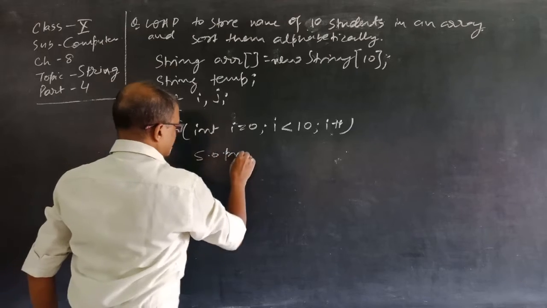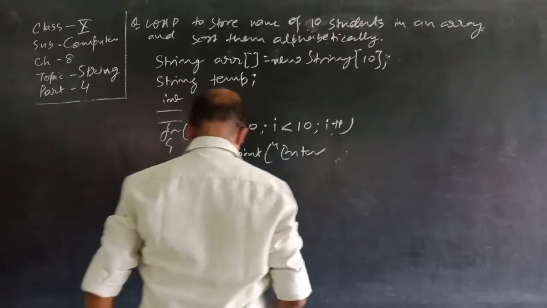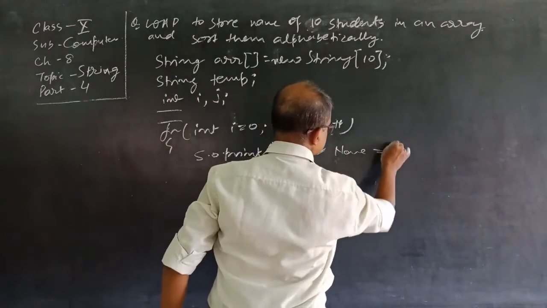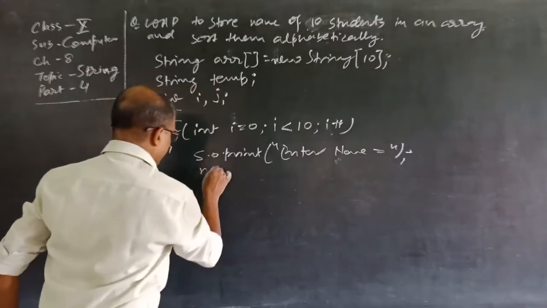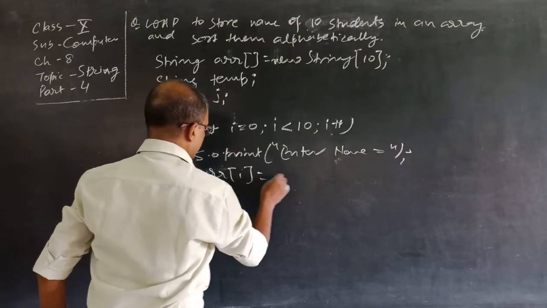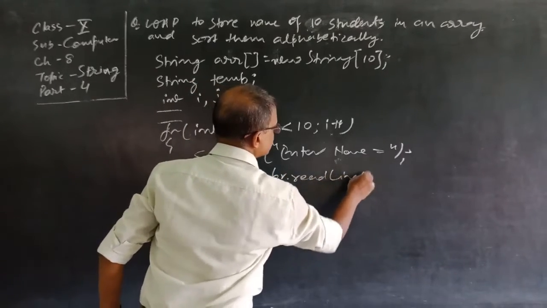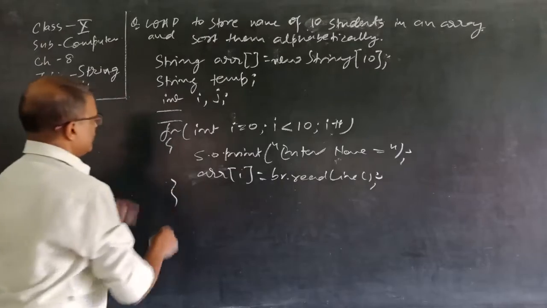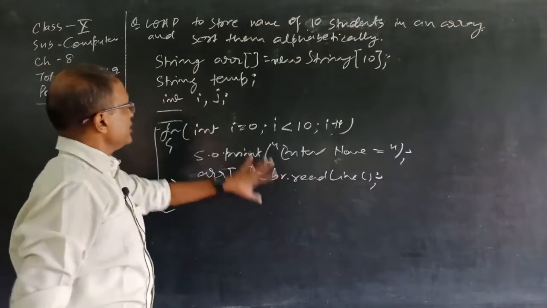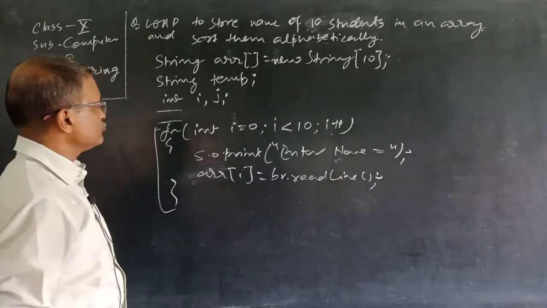System.out.print enter name, and here is arr, so arr[i] equal to br.readLine. After completion of this loop, we have taken the input for all the names in the array. Okay, now we have to sort the data.